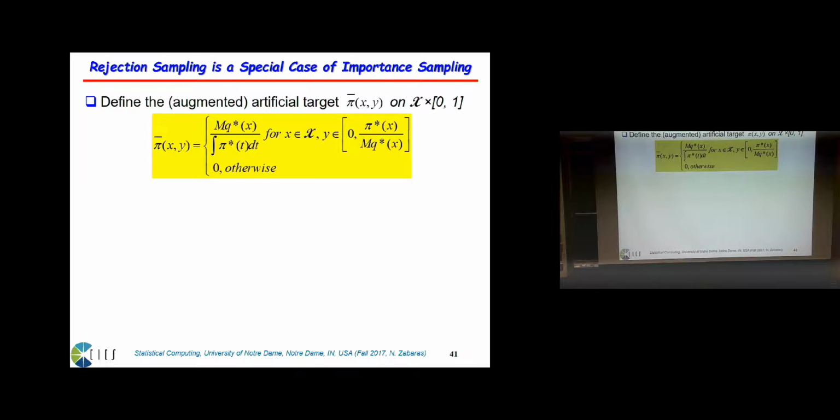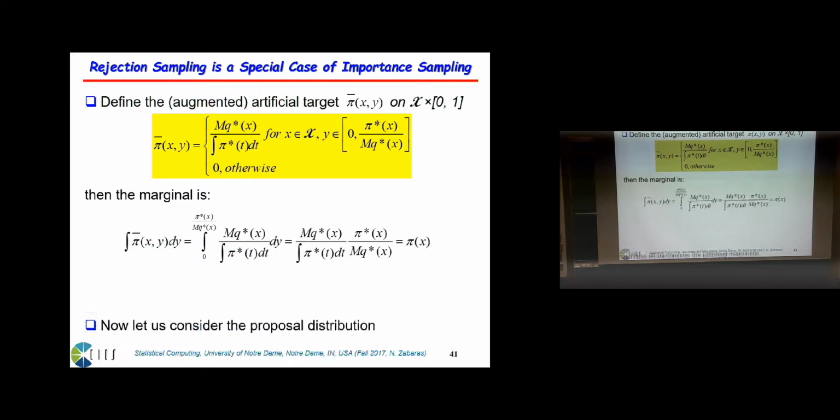You can show that the importance sampling algorithm can be put in an identical form as accept-reject in a higher dimensional space, but the variance of the accept-reject is worse than the variance of importance sampling because the space is also high dimensional, so this is not a recommended approach.